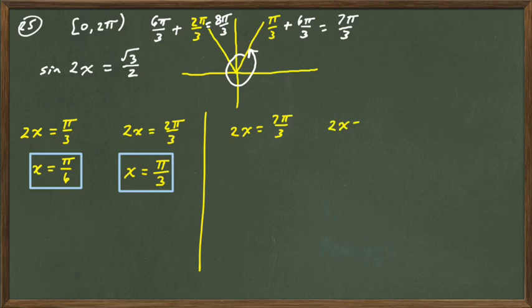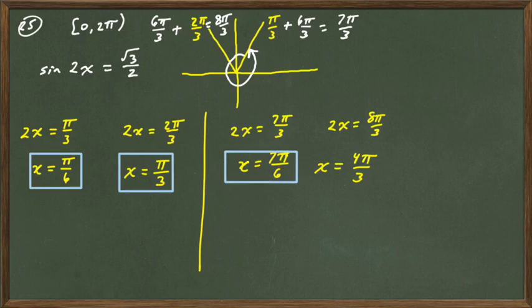So you make your 2x equal 8/3 pi. Multiply by 1/2 makes it into 7/6 pi. Multiplying this by 1/2, 2 goes into 8 4 times. Now I'm getting bigger than pi, but I don't think I'm bigger than 2 pi yet. So I'm going to keep going.